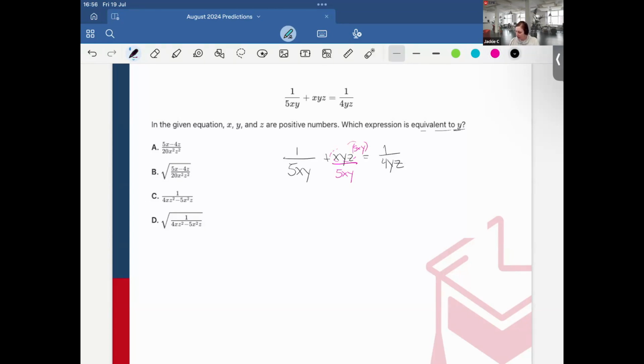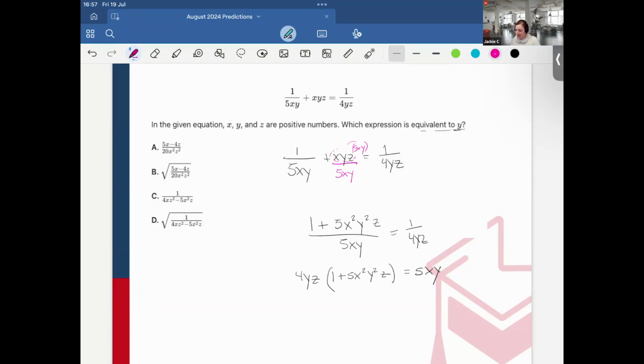Then this would give me 1 plus 5x squared y squared z, all over 5xy, and that's equal to 1 over 4yz. Okay, next up, we can cross multiply. So I would have 4yz times 1 plus 5x squared y squared z, and that's all equal to 5xy.